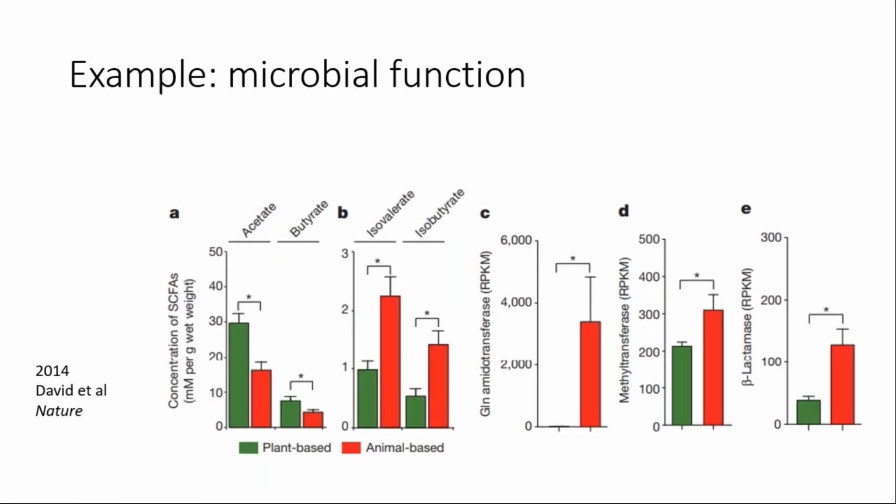Another important feature I want to point out from the David et al. example is that measuring microbial function can sometimes be a much stronger way to detect an impact of your intervention.